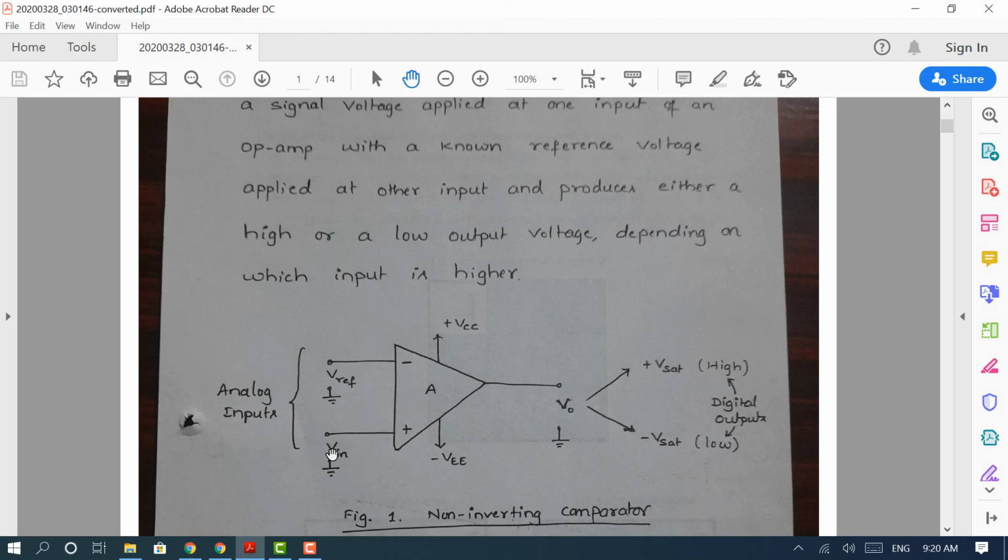We apply a time varying analog signal, and the output will be either positive or negative saturation. This is an example of a non-inverting comparator, since we apply the input signal to the non-inverting terminal of the op-amp, and the reference voltage, a positive or negative DC voltage, is applied to the inverting terminal.